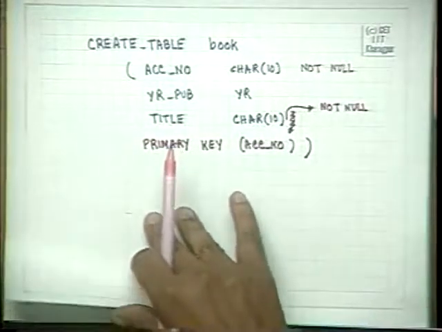Similarly, you can specify user, which will have card number, borrower's name, borrower's address. Let us try to specify the borrow relation.